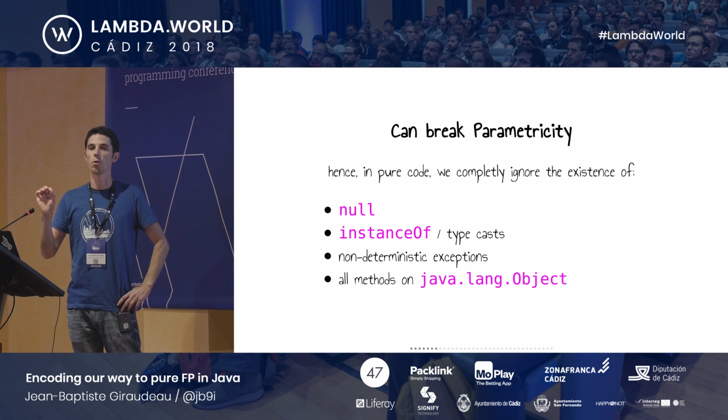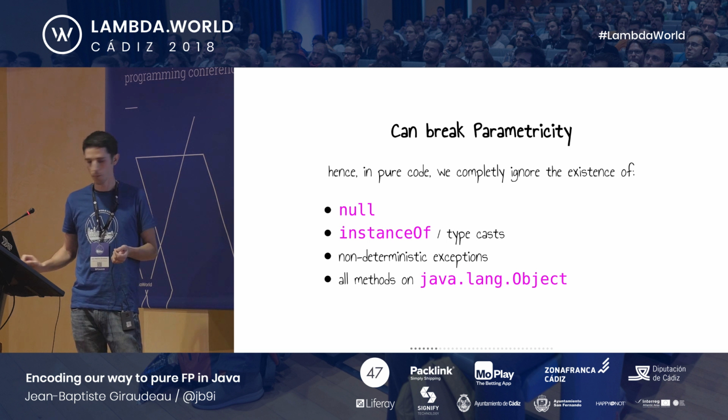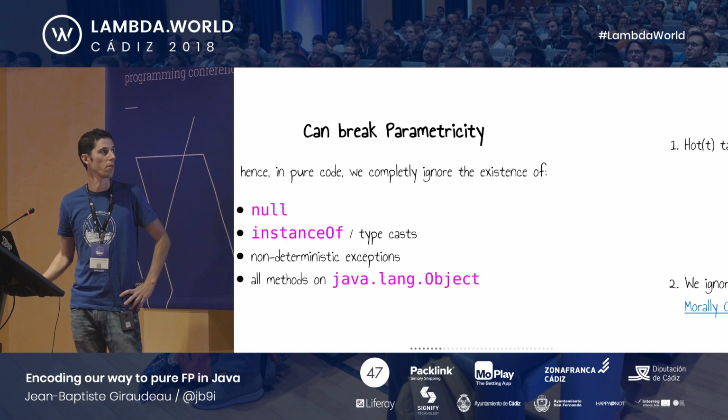The point of a universally quantified type variable is that you don't know anything about it. And if you can call methods on it, then you lose this essential property of parametricity, and you lose all the free theorems that are associated with parametricity.